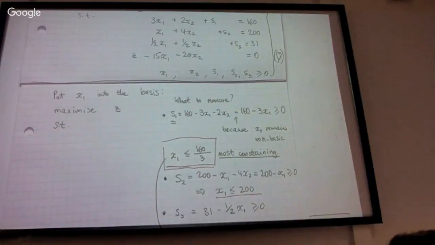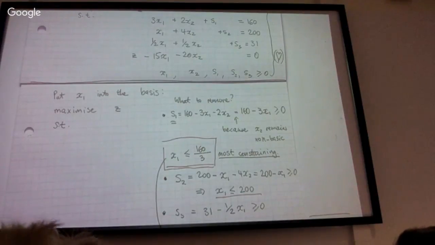The way we decided it was we said, okay, s1 has to remain non-negative. And if we express s1 from the first equation, we get 160 minus 3x1 minus 2x2. Now, x2 remains non-basic, so x2 remains 0 in the next solution. So x2 disappears, and we have this inequality which tells us that the condition s1 enforces on x1 is that x1 cannot be larger than 160 thirds.